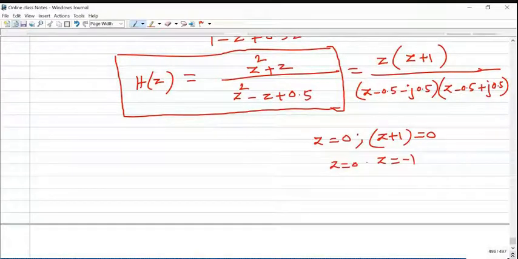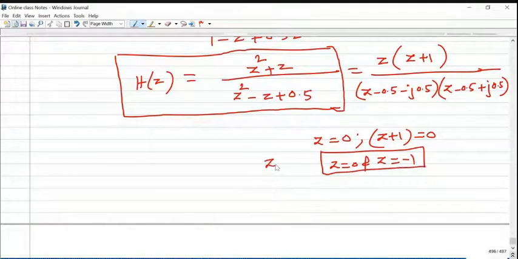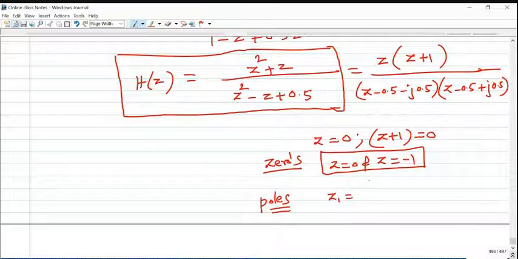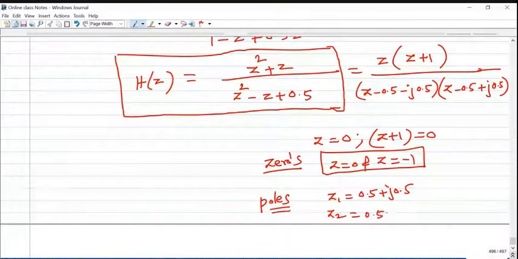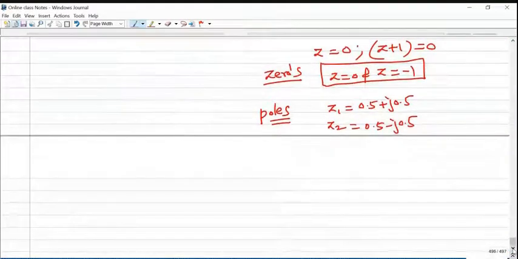So zeros at z equal to 0 and z equal to minus 1. Poles: z1 equal to 0.5 plus j 0.5, z2 equal to 0.5 minus j 0.5. Two poles. How to plot these poles and zeros in the z domain now?